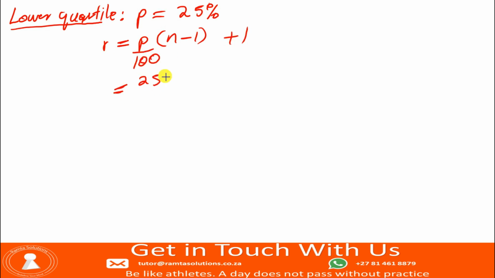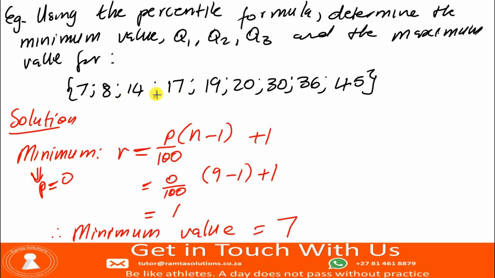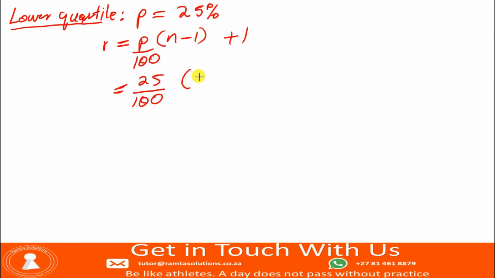So this is 25 over 100 times, we said there are 9 values, so 9 minus 1, plus 1. It is 0.25 times 8, plus 1. So this is the third value.